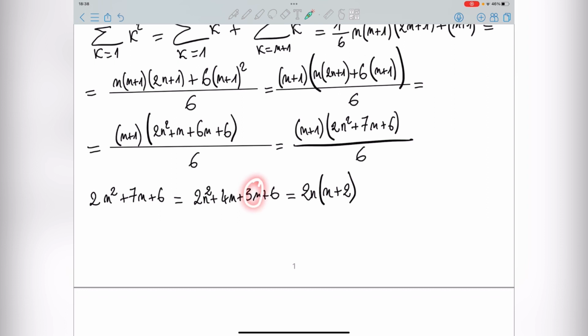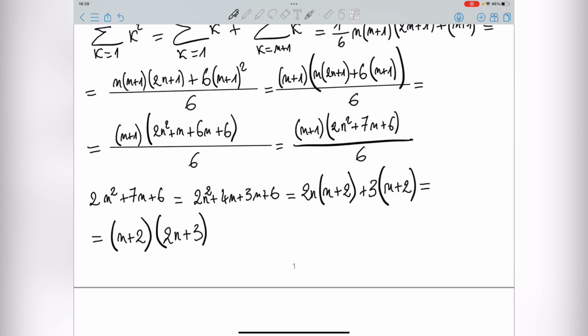Then here we have a factor 3, so we take 3 out, and we're left with n plus 2. Notice that we have n plus 2 and n plus 2. So if we factorize it, we have n plus 2, and we're left with 2n and 3, so times (2n plus 3). So basically this is equal to this.